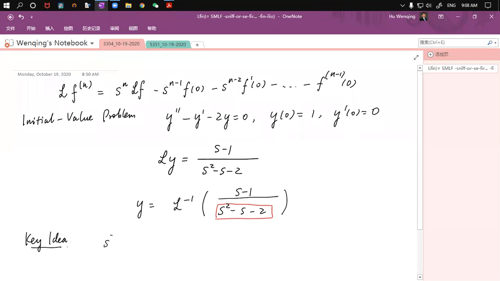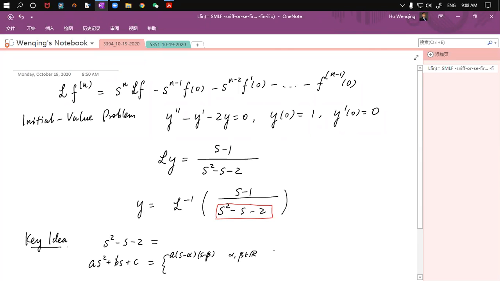So that means s squared minus s minus 2. Can you write it by completing the square? Well, you are not able to do so. So basically you have a s squared plus b s plus c. You want to decompose it, then you have two choices. One is that you write it as a times (s minus alpha) times (s minus beta), where alpha and beta are two real numbers.